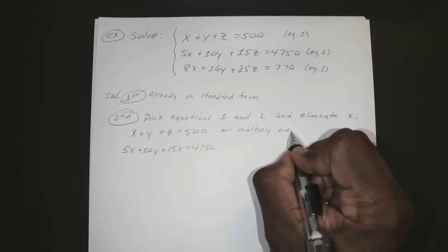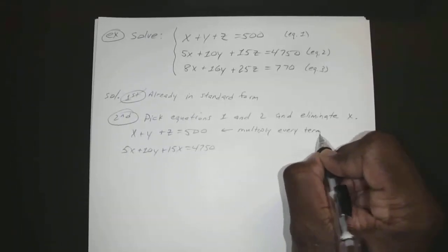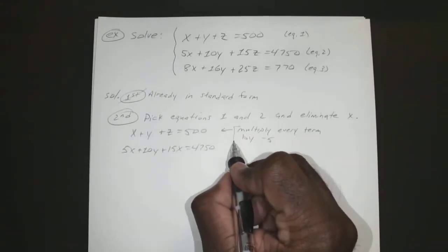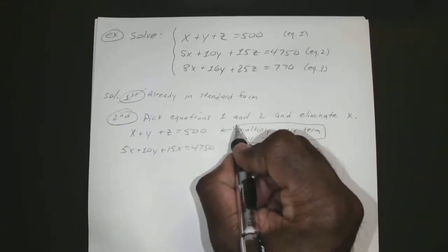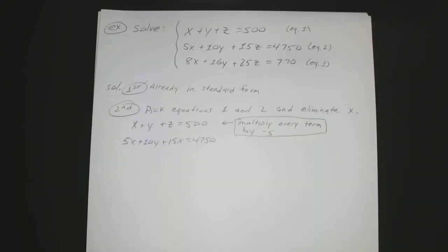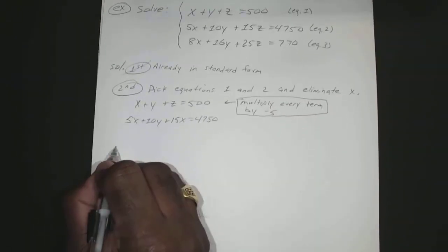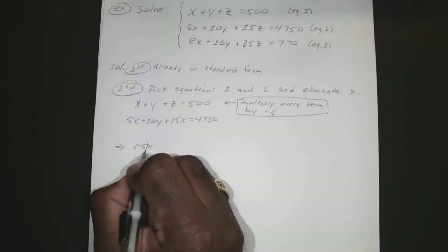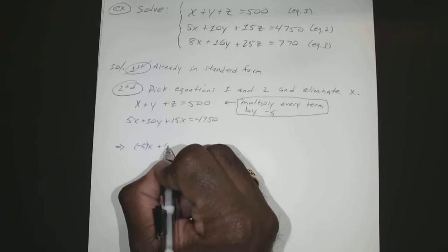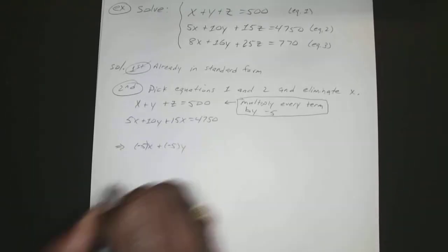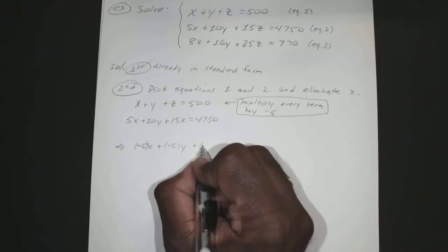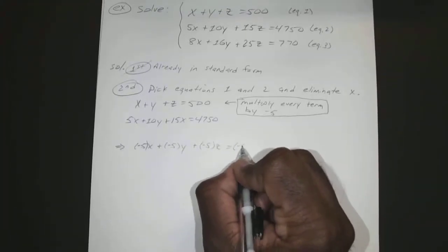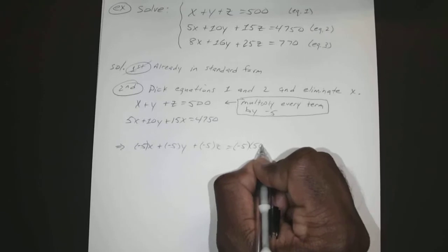So multiply every term by -5. Kind of separate that so it's not mixed up with the stuff above it. So that means you have -5 times x plus -5 times y plus -5 times z equals -5 times 500.